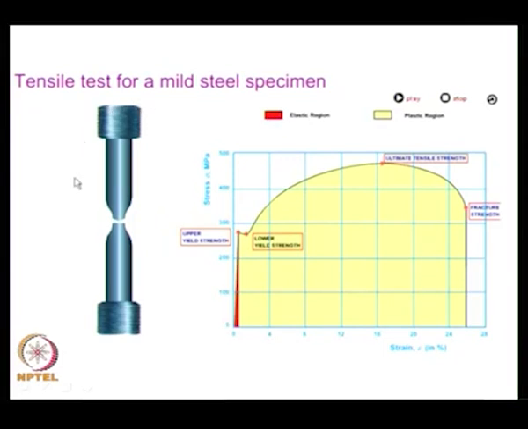You have a specimen that is pulled, and after it has reached the ultimate tensile strength followed by fracture, you find there is necking and the material has separated. And what causes necking? How can necking be modeled?